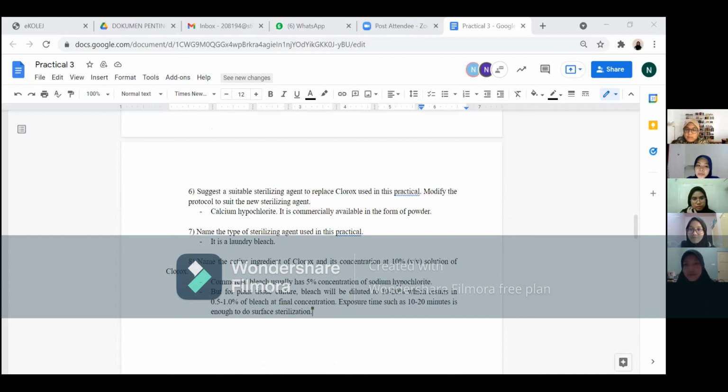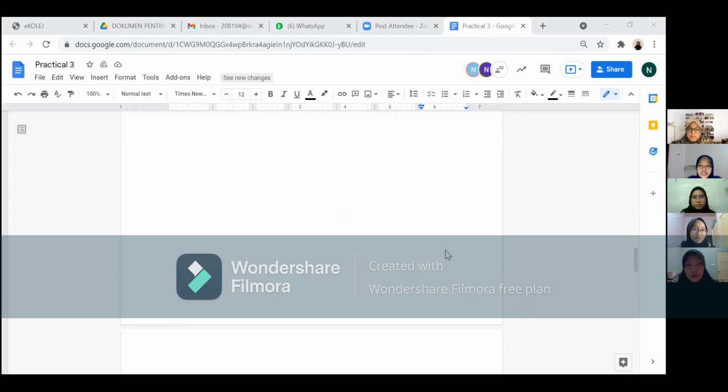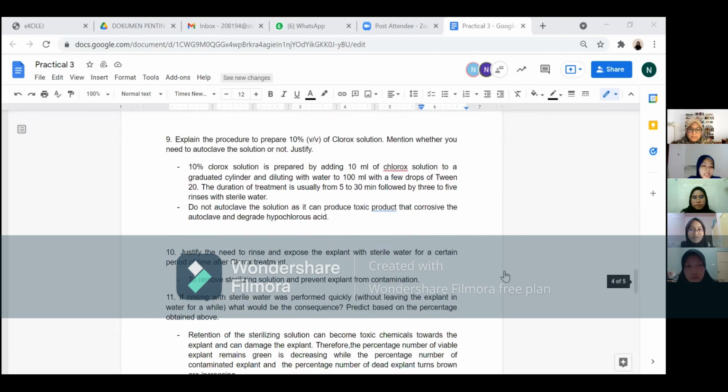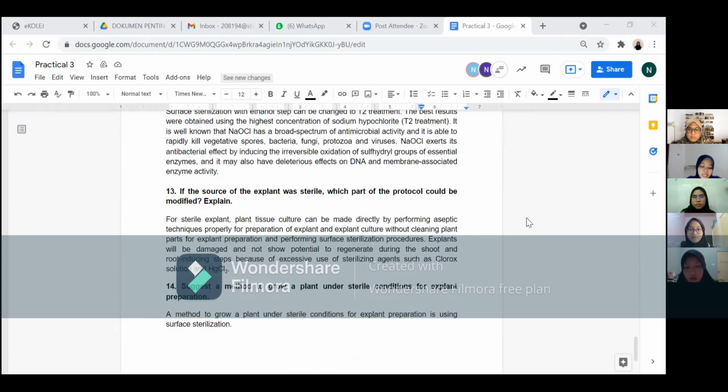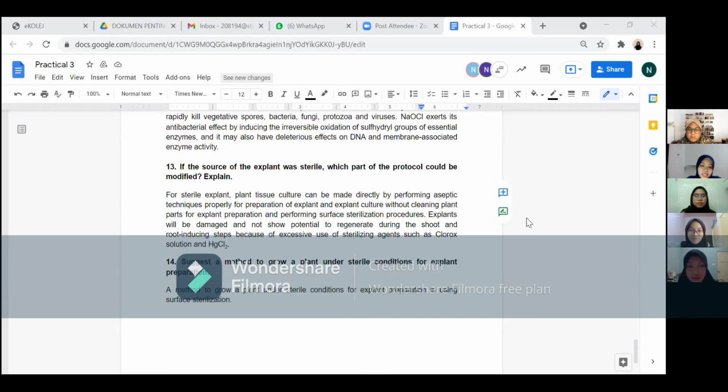Can I add for question number 14? Yes. This is from my research. We can also do explant pre-treatment to control microbial contaminants, such as heat treatments.